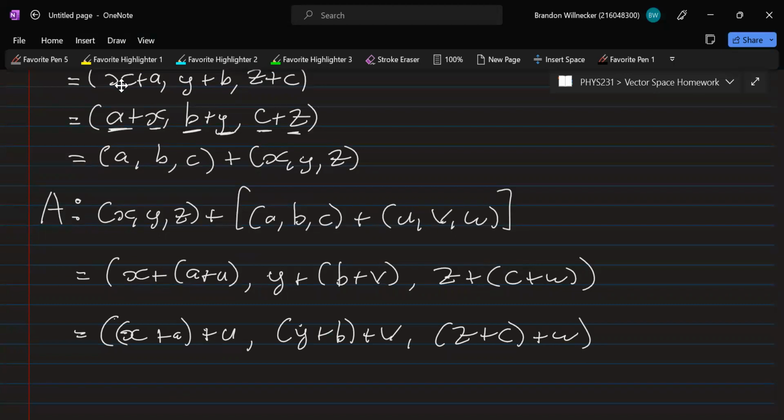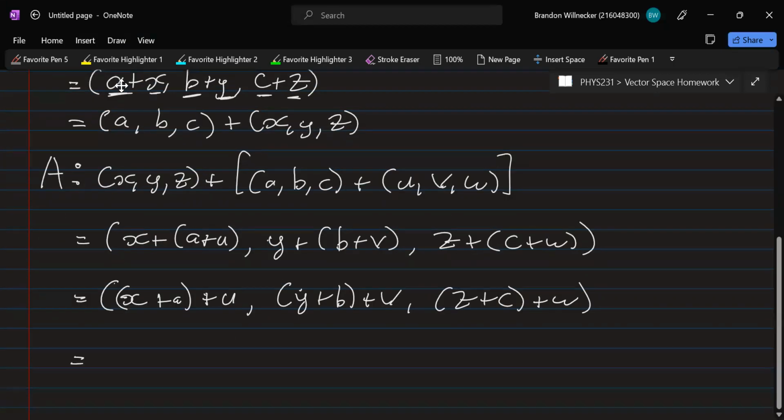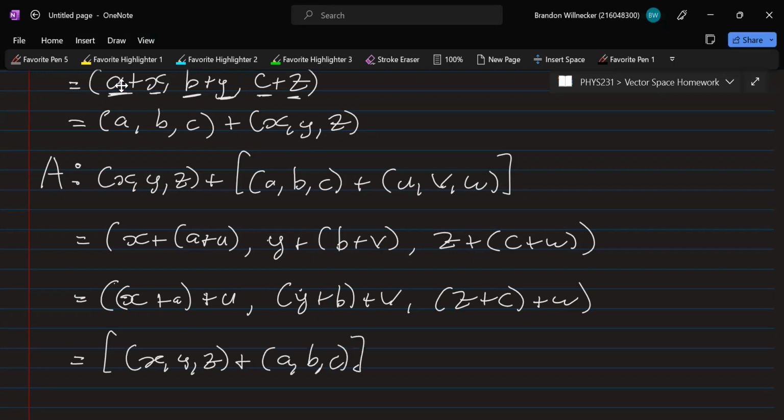And now we can reverse this vector space addition to separate this out into the three parts again. So this is going to be in brackets x, y, z plus a, b, c plus u, v, w. Okay, which means that this operation is associative.